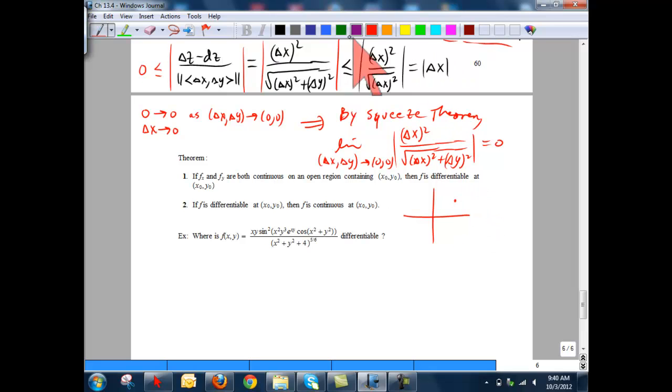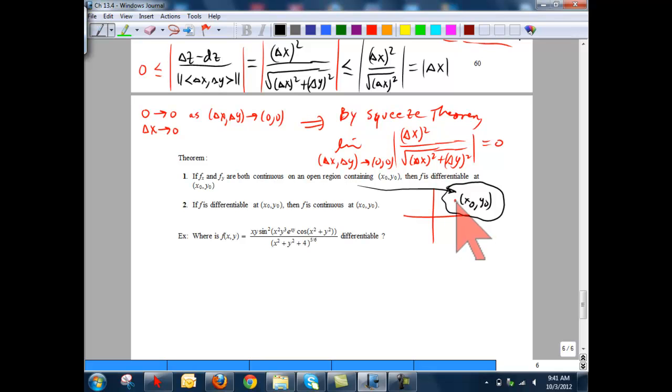So what we're saying here is, here's some particular point x naught, y naught that I'm interested in discussing, and here is some particular open region surrounding that point. If I can show that the partial of f with respect to x and the partial of f with respect to y are both continuous everywhere in this region, then that shows that the function f is differentiable at that point.